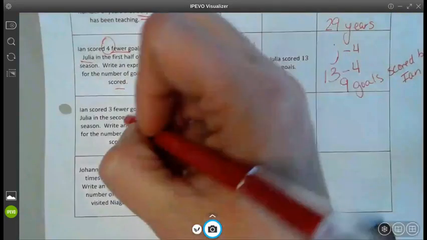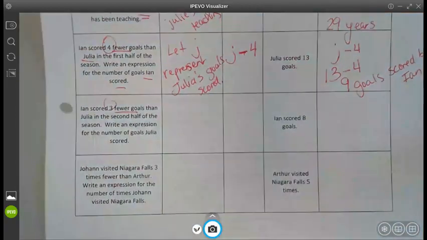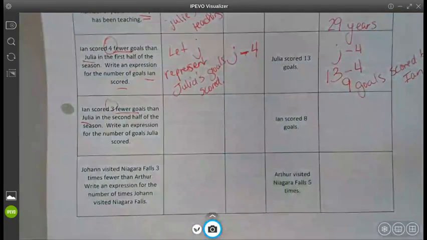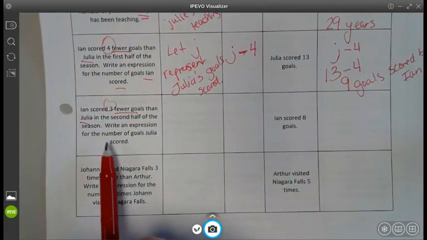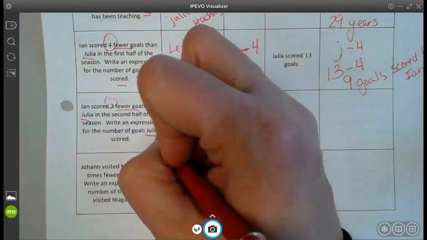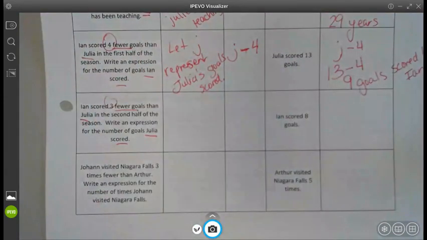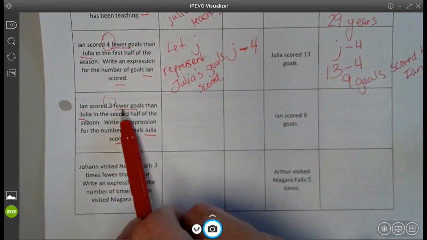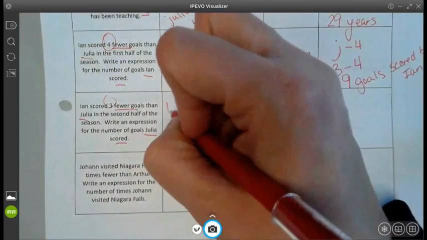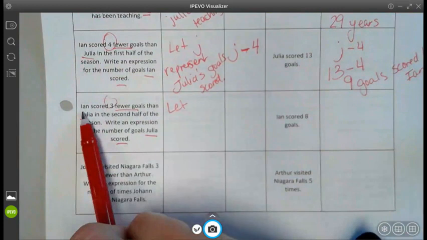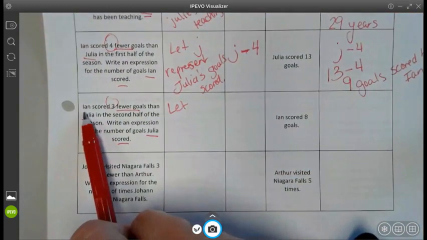Now it says Ian scored 3 fewer goals than Julia in the second half of the season. Write an expression for the number of goals Julia scored. So now we're trying to solve for Julia. So we're going to be using Ian's number of goals to help us solve this expression.